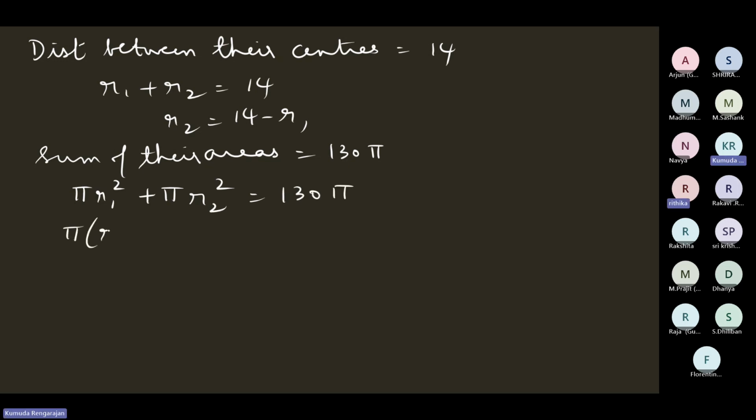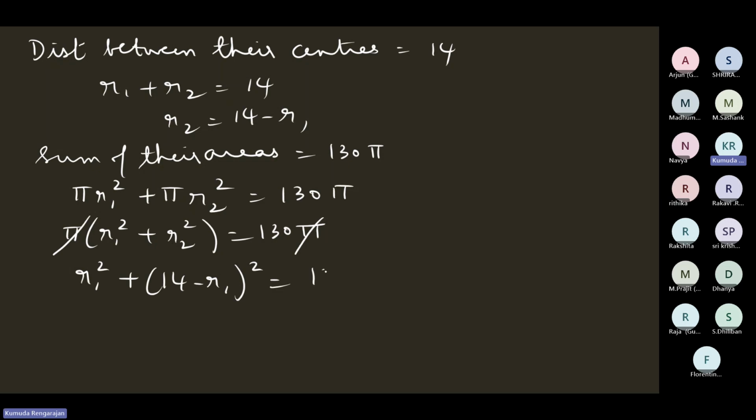Pi is common, and it gets cancelled. So R1 square plus R2 square is equal to 130. R1 square plus 14 minus R1, the whole square, is equal to 130. So R1 square plus 196 minus 28 R1 plus R1 square is equal to 130.